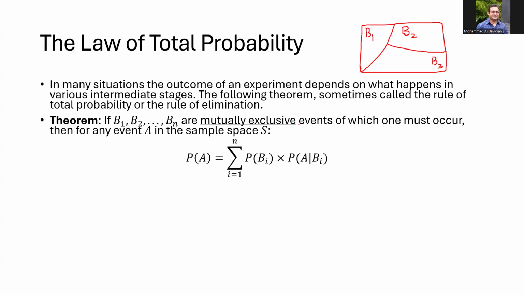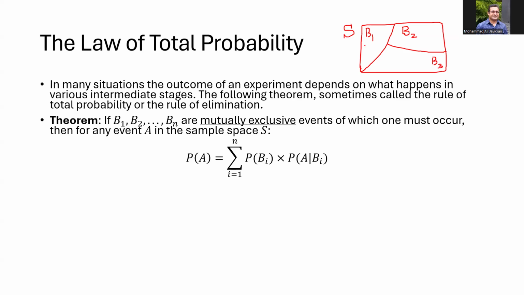As you can see, these subspaces are mutually exclusive. That means there is no overlap between these subspaces. Another thing is none of them are empty, and the union of all these three subspaces gives you the total subspace that we are talking about.